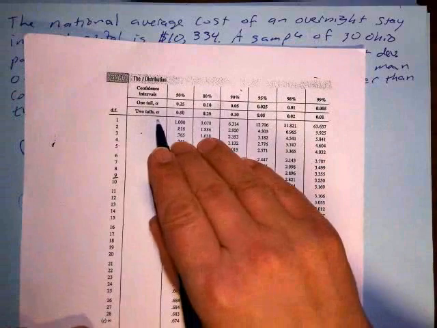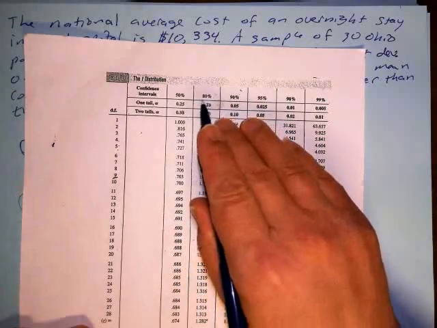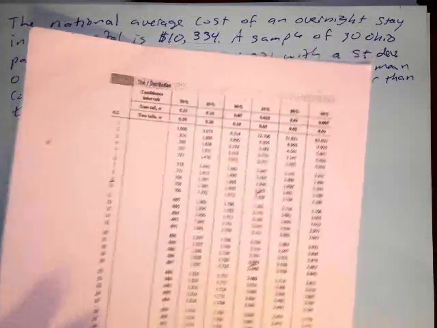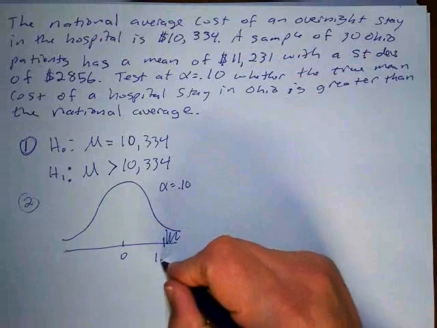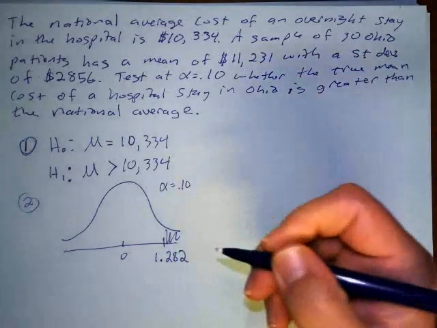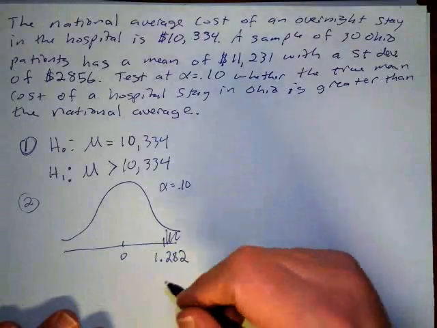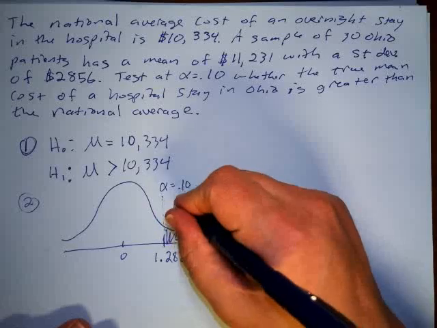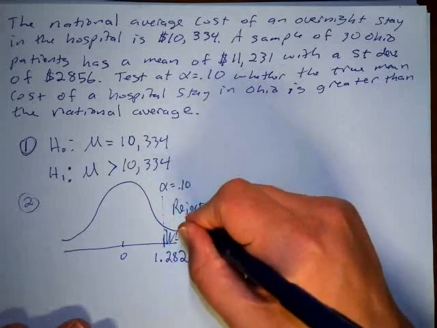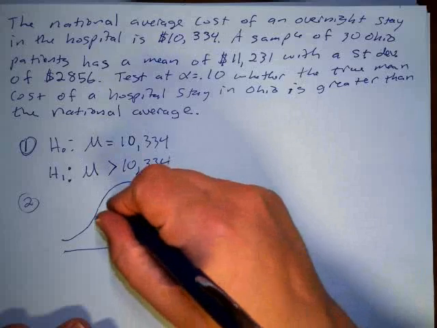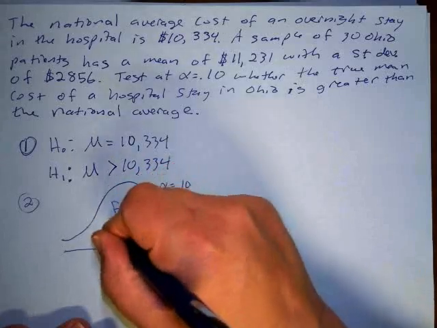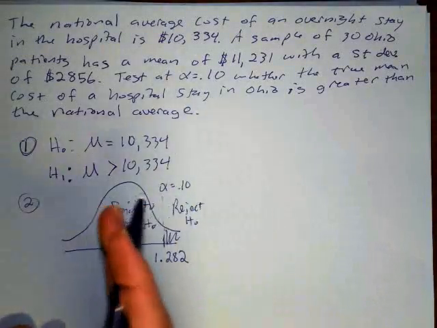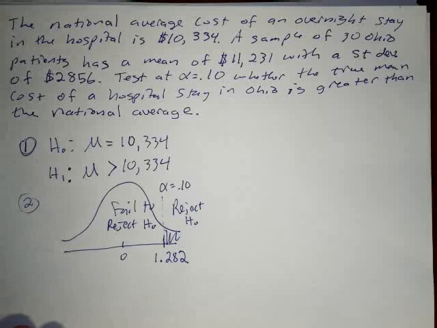So one-tailed alpha 0.10 is right here, and going down to the bottom, my critical value is 1.282. If you're bigger than that, you're going to reject H0. Otherwise, if you're less than that, you fail to reject H0. So the question is, what side of the critical value are we on?